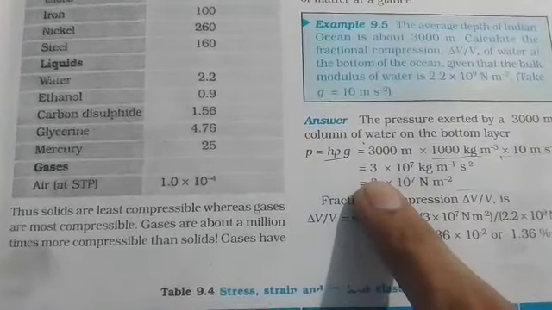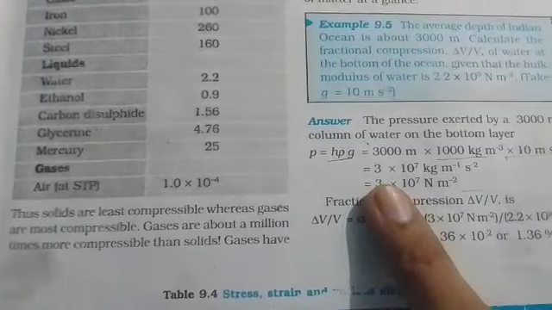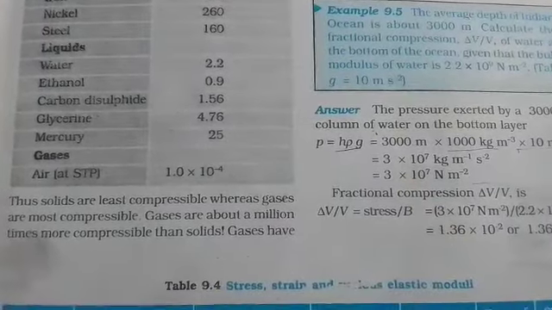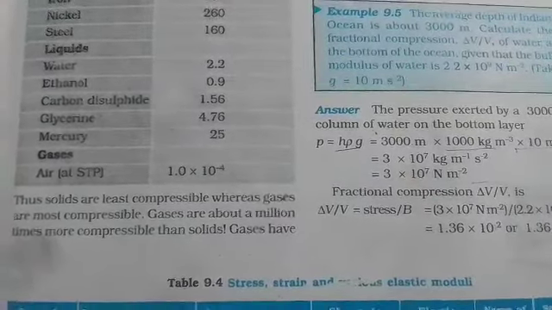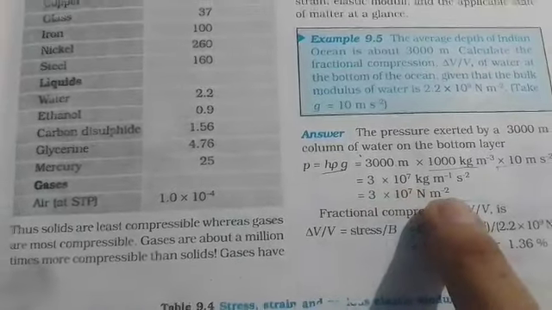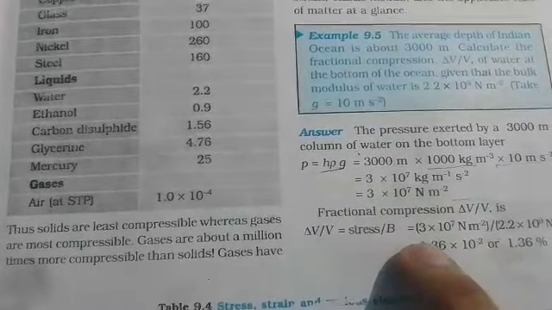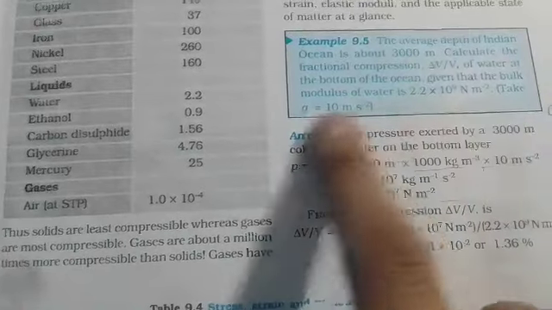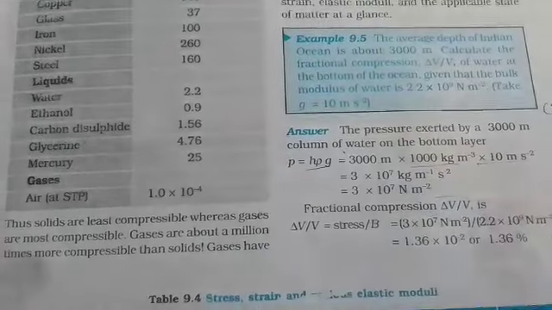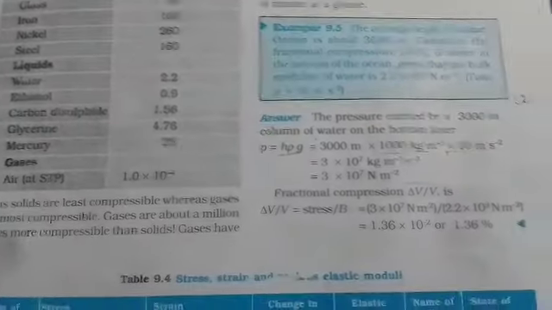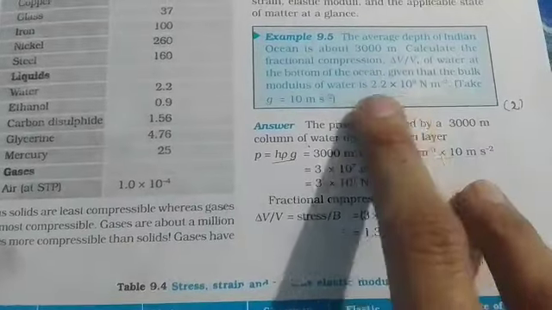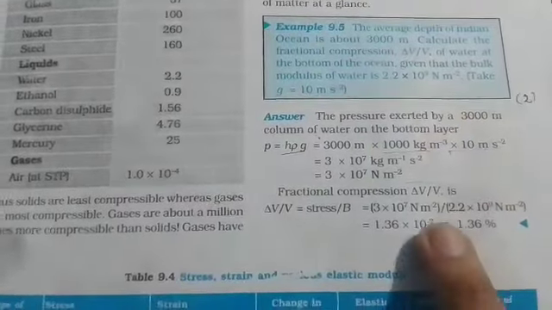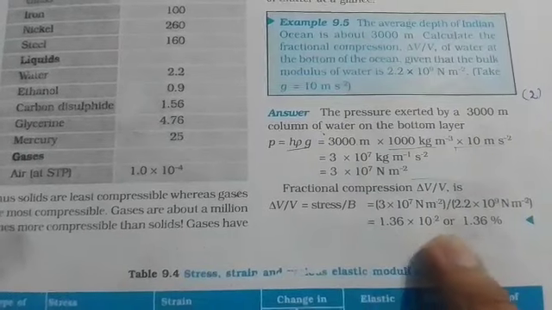Pressure has the value force per unit area, and similarly stress also has the value force per unit area. So we divide this value by B, the bulk modulus of water, which is 2.2 into 10 to the power 9. So dividing this, we will get this value.